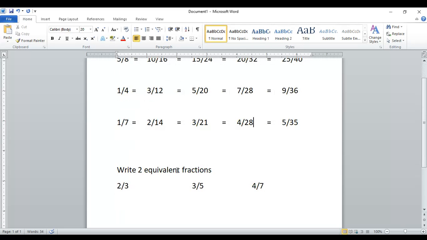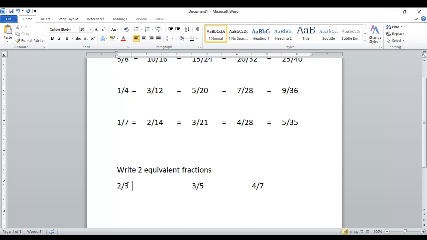The second part you have on there, which I believe that you've already done, but I just want to review them a little bit. You have to write 2 equivalent fractions for each one of the fractions given here. So if you recall, when you write equivalent fractions, you have to multiply the numerator and the denominator by the same number. So I always say start at the beginning, okay?